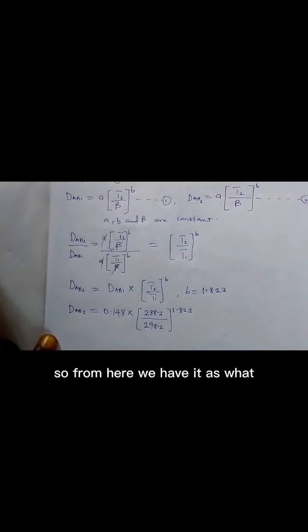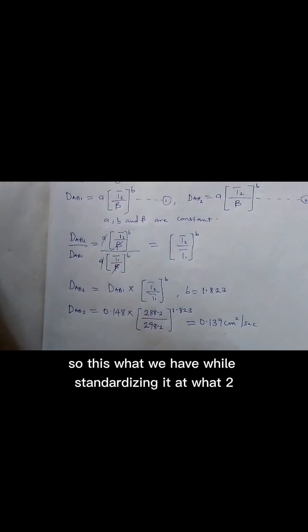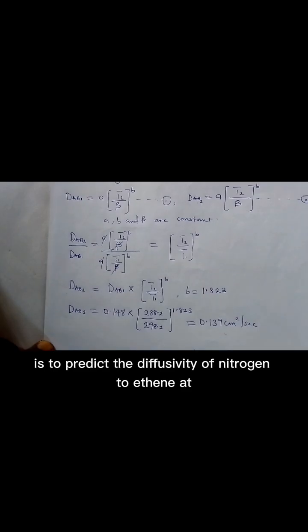From here we have 0.139 centimeters square per second. So this is what we have while standardizing at 288.2 Kelvin.